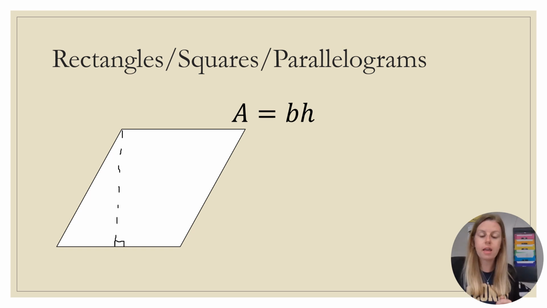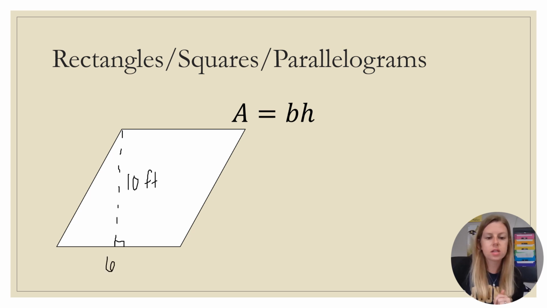Once we see a right angle noted on some sort of length and then it hits a right angle down at the bottom like we have here, once we have this sort of picture, then that is typically going to be our height. So let's go ahead and say that the height of this parallelogram is 10 feet. And the base of this parallelogram, so the straighter lines, not the slant ones, is, let's go for 6 feet.